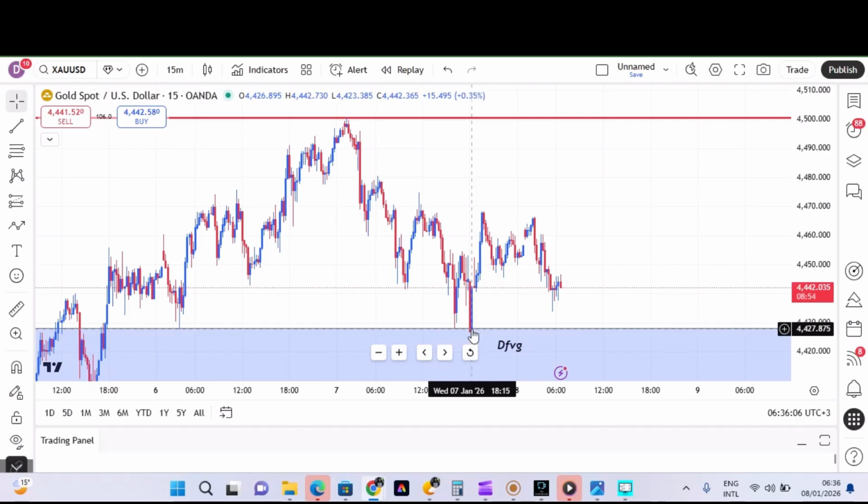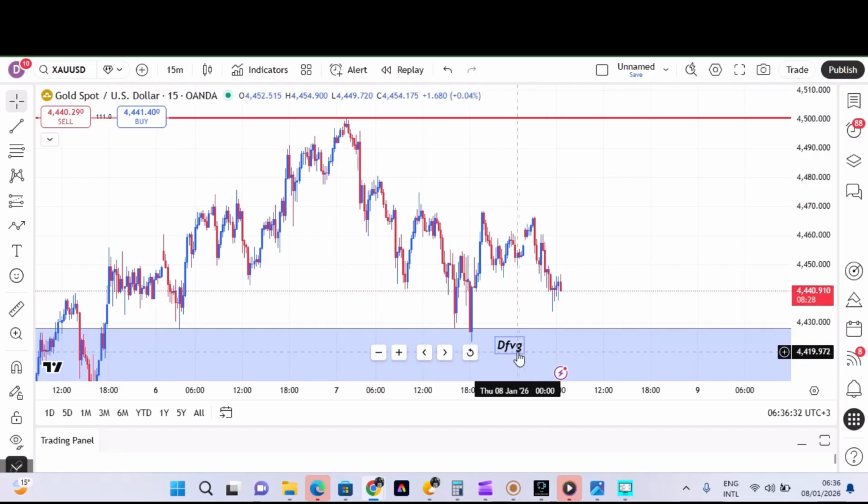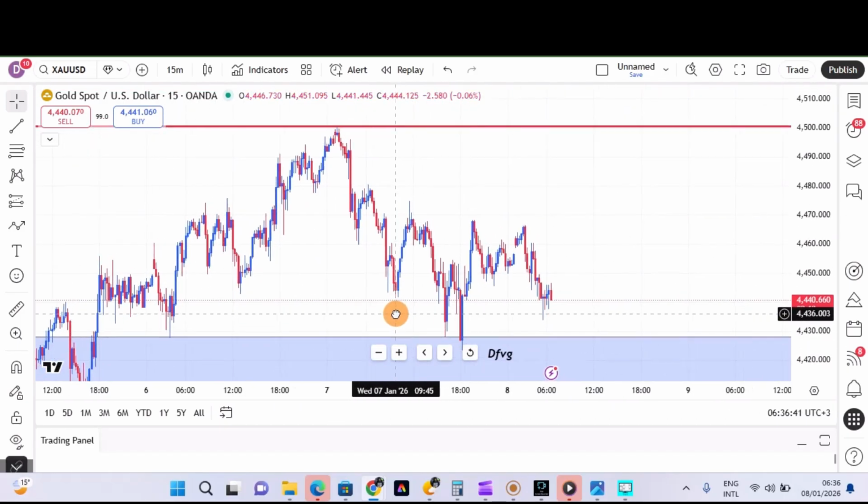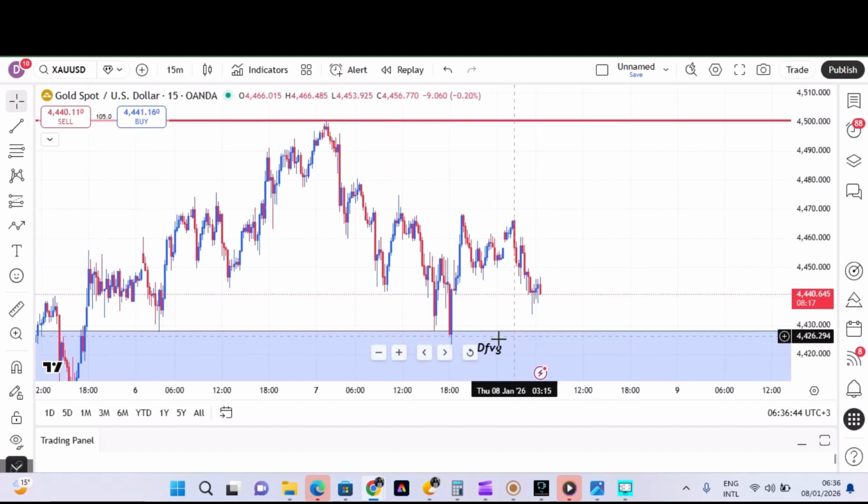So if you did an entry, let's say even at 44.30, and you held this up to 44.68, that was a whopping 380 pips yesterday evening. Why? Because of this zone, a daily fair value gap. Very, very powerful zone that gold has been respecting. So we can say this is a strong support zone.